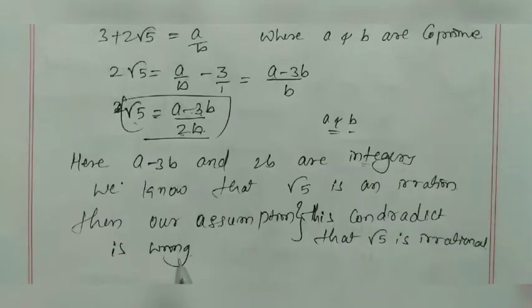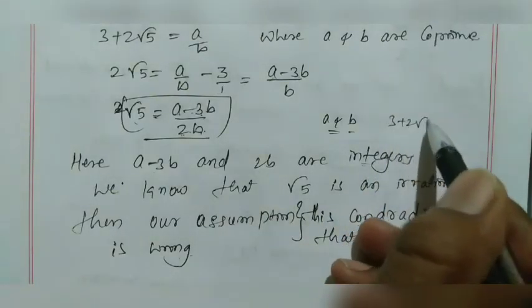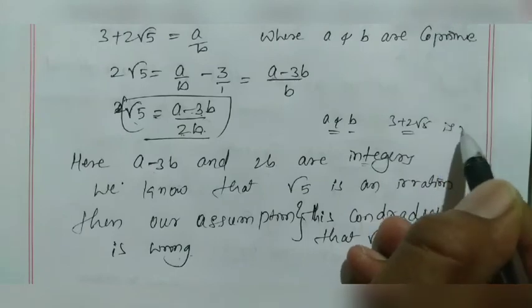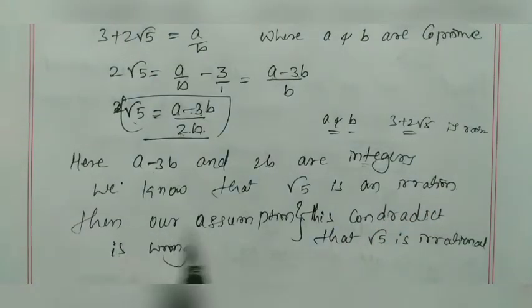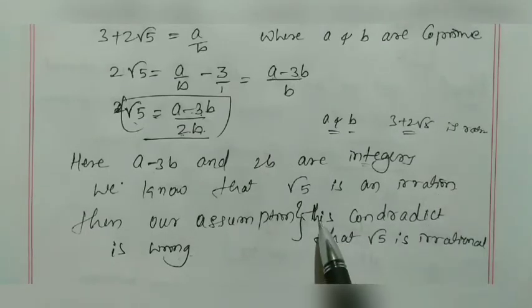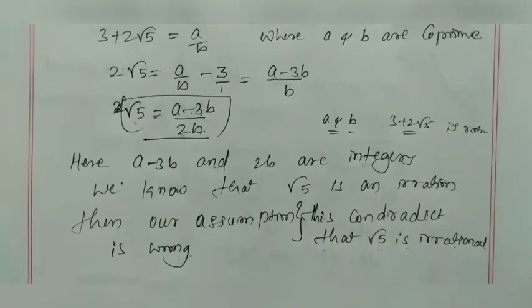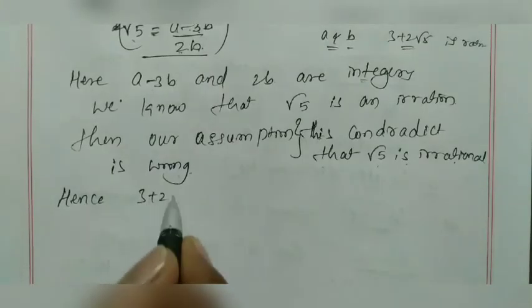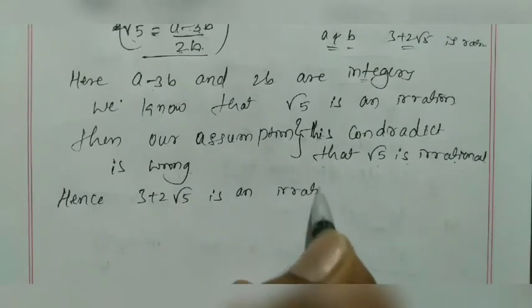Hence our assumption is wrong, because we assumed that 3 plus 2 root 5 is rational. This contradicts that root 5 is an irrational number. Hence 3 plus 2 root 5 is irrational.